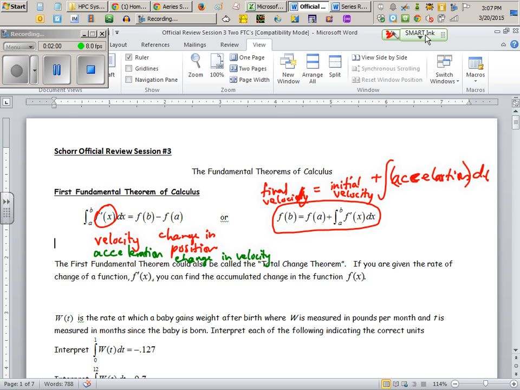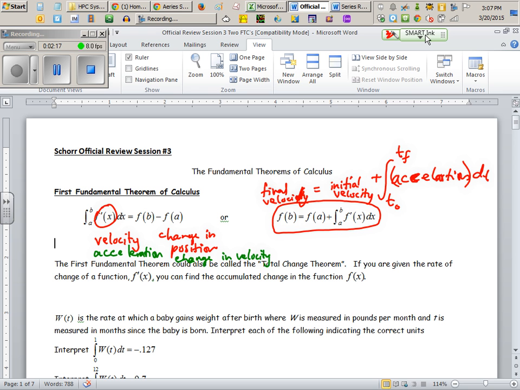That's actually the green, sorry. So let's say you took the green on the left and you rewrote it there. The final velocity would be initial velocity plus the integral of acceleration. Of course, it's a definite integral between the two times, t initial and t final.